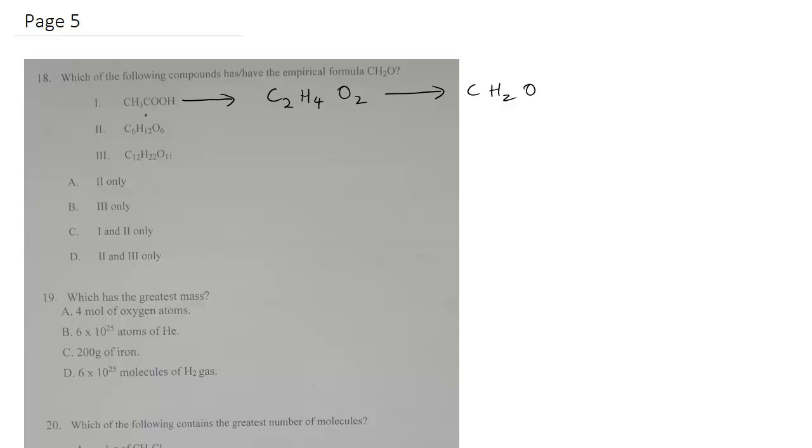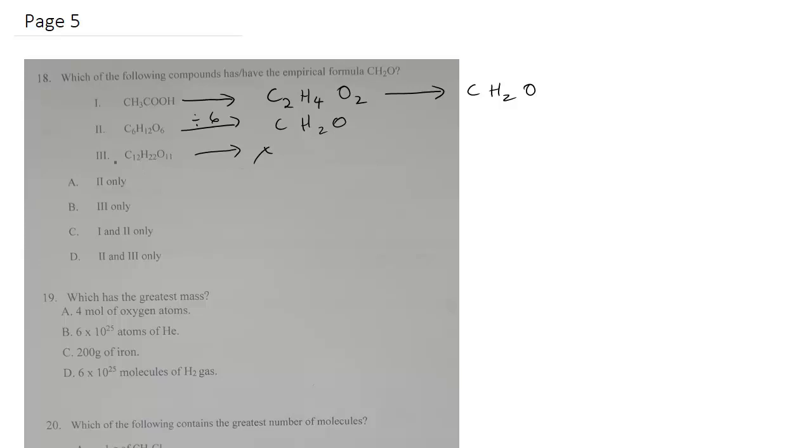Now if we do the same for this one and divide by 6, we're going to get CH2O. Now if we try to get that one into an empirical formula, well, there's no common ratio there.